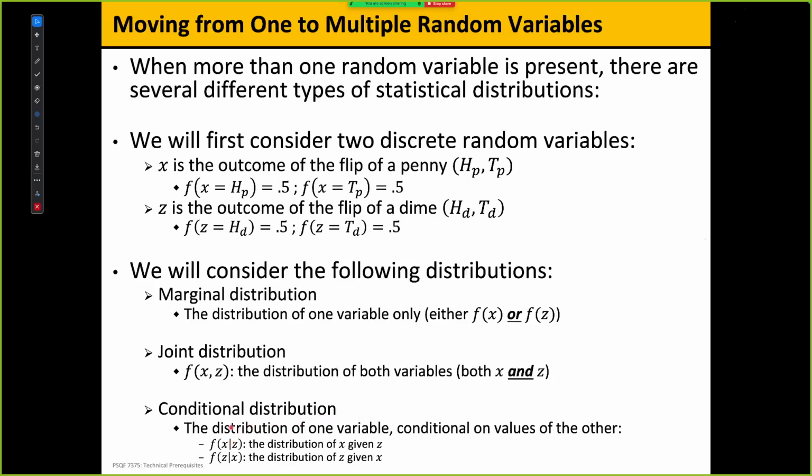So f of x, and we put this little pipe character in the middle, f of x | z is the distribution of x conditional on z, basically how the penny will land depending on how the dime landed. Similarly, we could describe the distribution of how the dime landed conditional on how the penny landed, f of z | x. So when you look at this f of x | z, you say f of x given z.